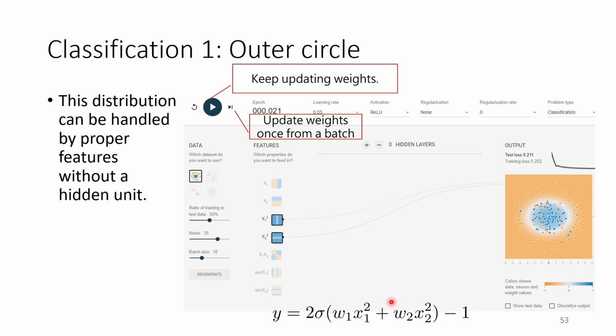So if the score is very, very large, then y becomes 1. If the score is very, very small, approaching negative infinity, then y becomes -1, because the output of the logistic function is 0. The minimum is 0.